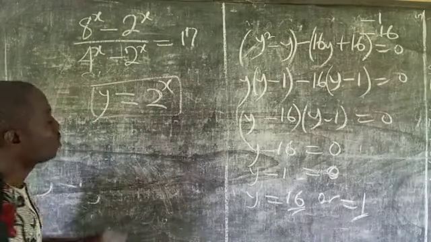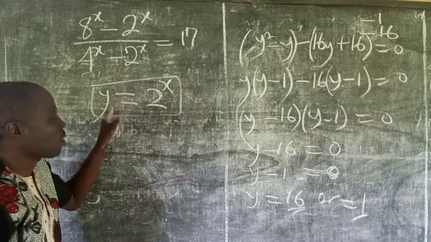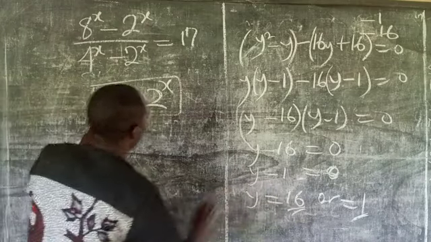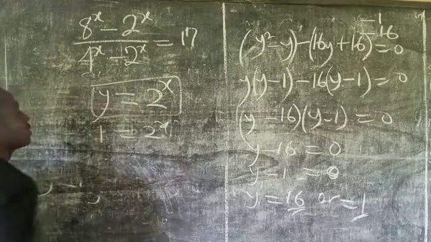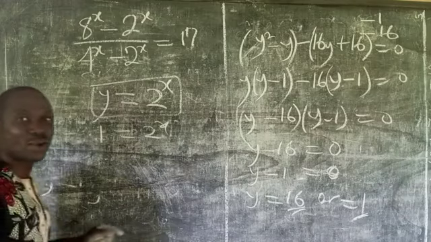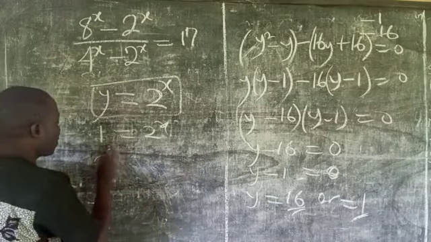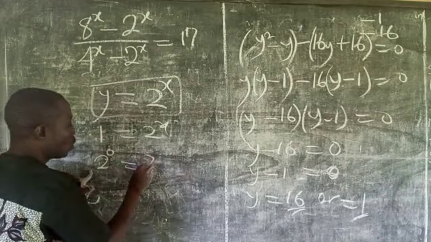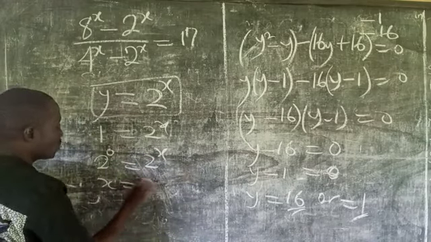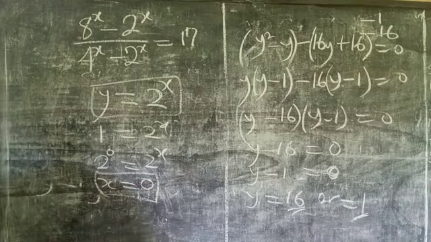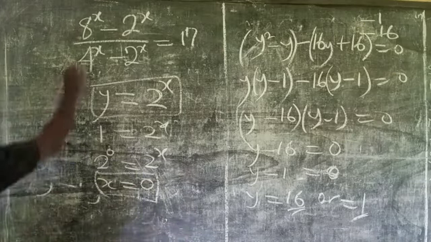So in the place of y, we are going to put 1 first, and this says 1 equals 2 raised to power s. Anything raised to power 0 is 1, so 2 raised to power 0 is 1, equals 2 raised to power s. This says our s here is equal to 0. The first value of s is 0.